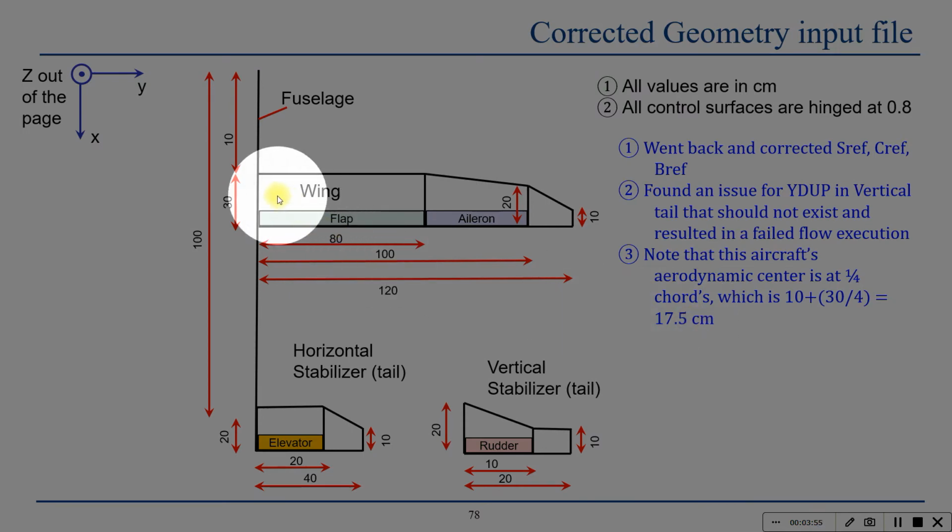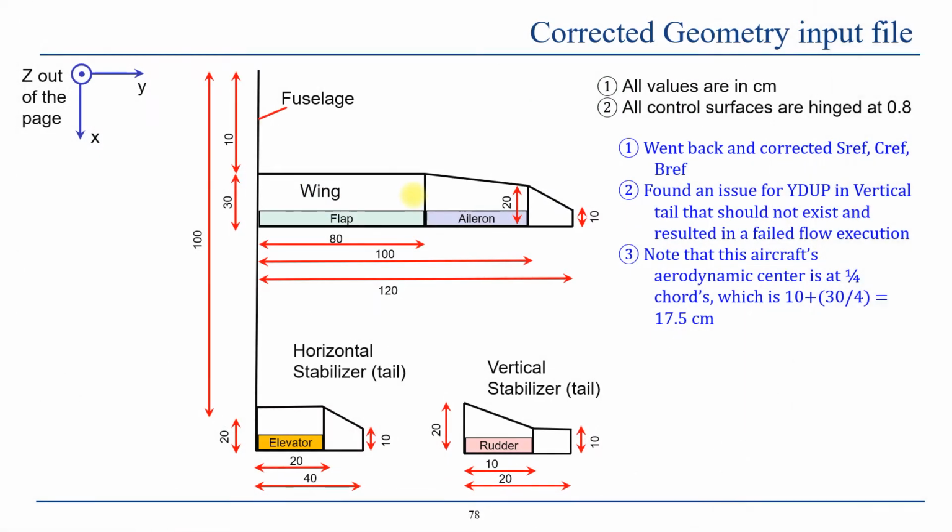So this would be the location where the aerodynamic center of the wing is going to be. So remember these values as we're going to do the analyses on this designed aircraft as we go through this tutorial. So remember the aerodynamic center for the wing is 17.5 centimeters.